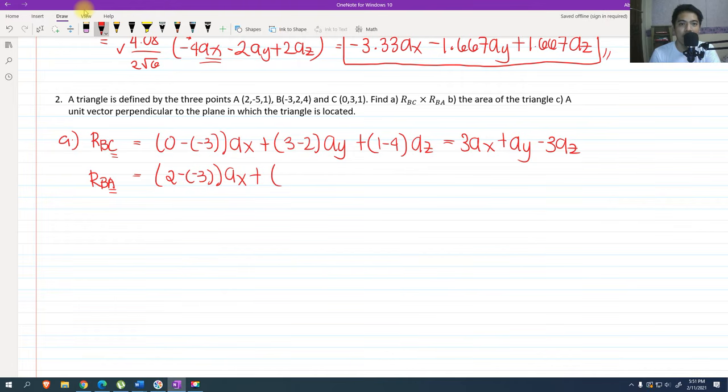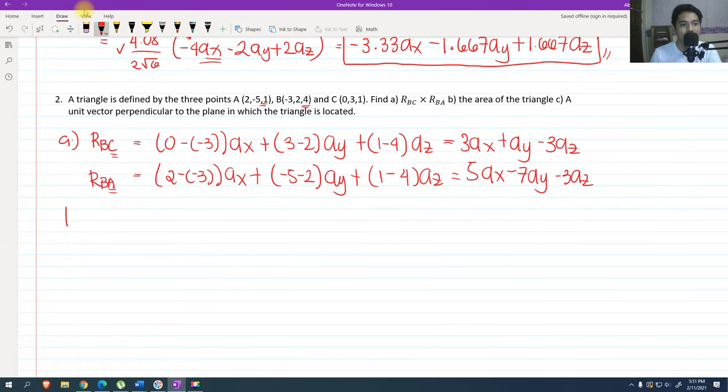And then we have negative 5 minus 2 AY plus we have what? 1 minus 4 AZ. So we have 5 A sub X. Okay. And then we have negative 7 AY. Then we have negative 3 A sub Z also.